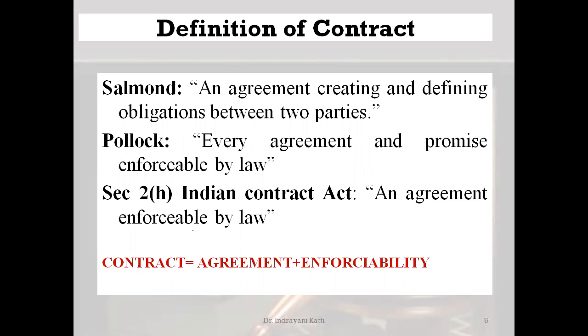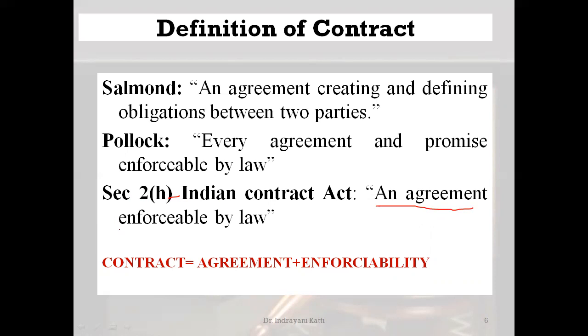Then we call it a contract according to Salomon. There's one more definition as per Pollock: every agreement and promise enforceable by law. And very interestingly, in the Contract Act itself, it is defined in section 2, clause H of the Indian Contract Act. In a single line: an agreement enforceable by law.